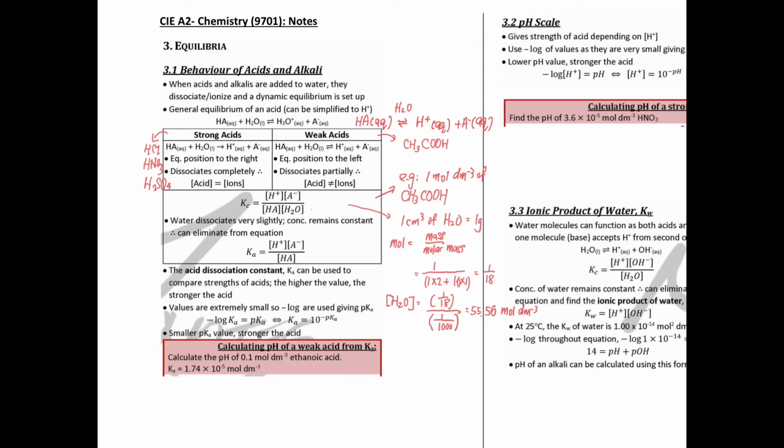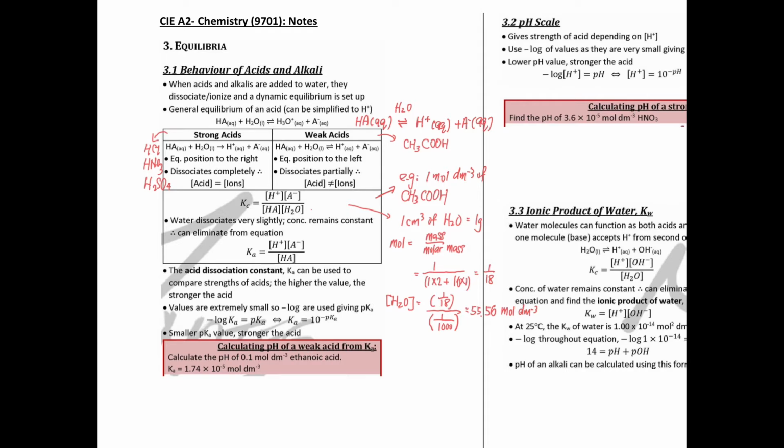Because H2O dissociates so little, the concentration initially and the concentration at equilibrium is just the same. Hence, there is no point putting a constant there, so they eliminate it and replace it with Ka.